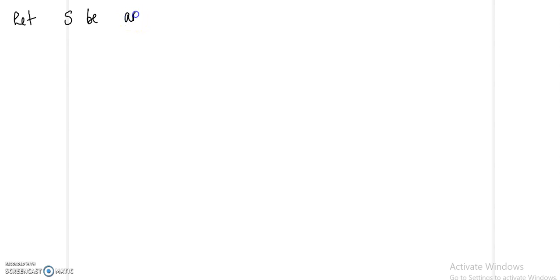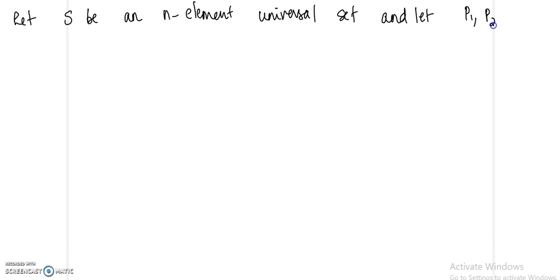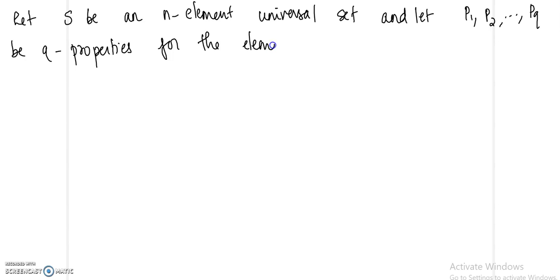So let S be an n element universal set, and let P1, P2, etc. PQ be Q properties for the elements of S, where Q is greater than or equal to 1.